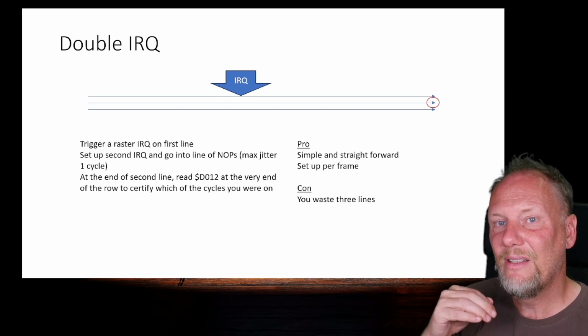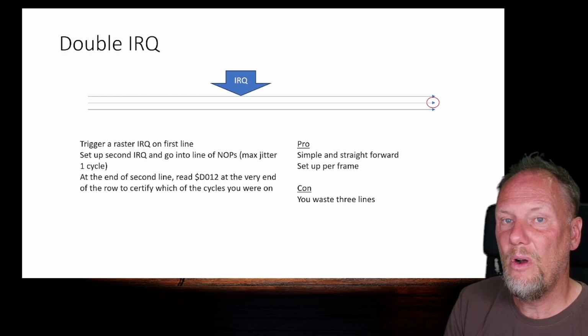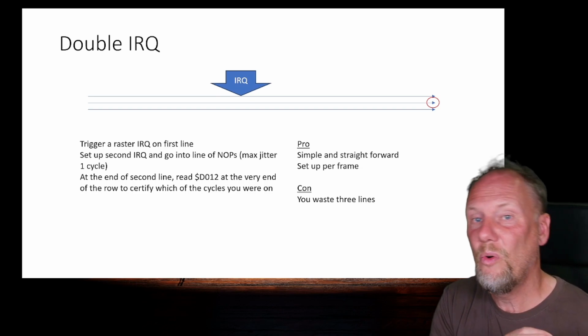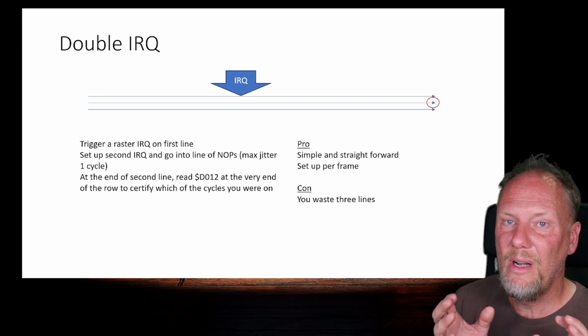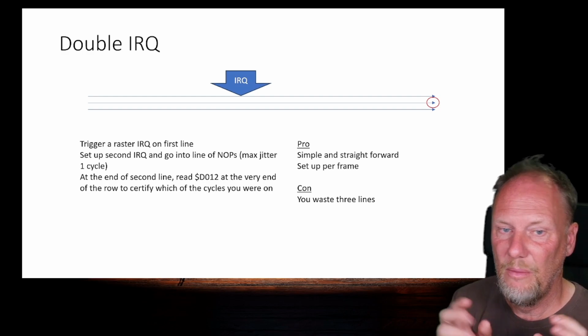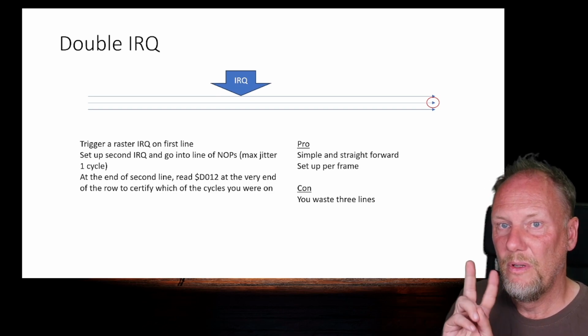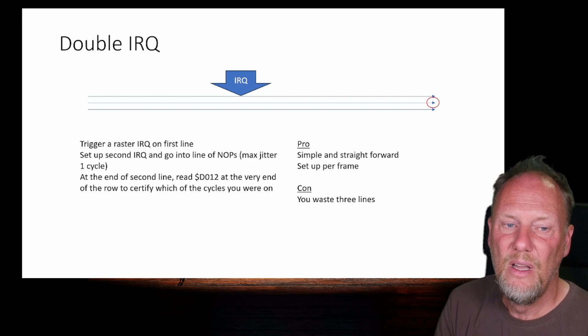So when the next interrupt is triggered, the CPU is executing either the first or the second cycle of that NOP instruction. So you are now reducing the potential jitter of the second interrupt to 2 cycles. I hope that's clear.